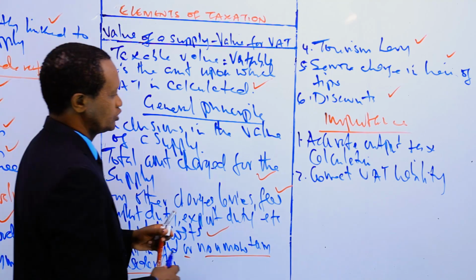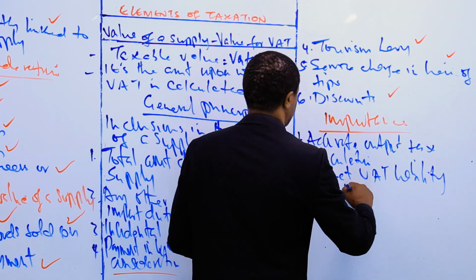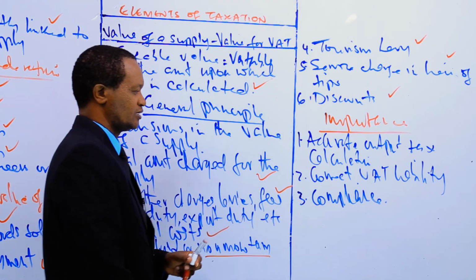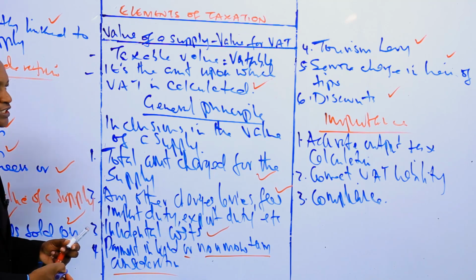The third obvious reason is for the purposes of compliance. Accurately determining the VATable value avoids penalties and interest for under declaration or even miscalculation of VAT.